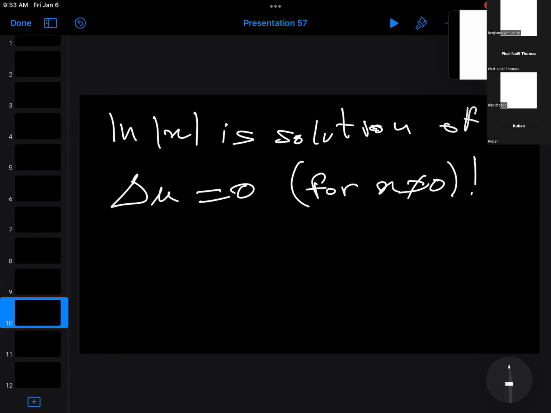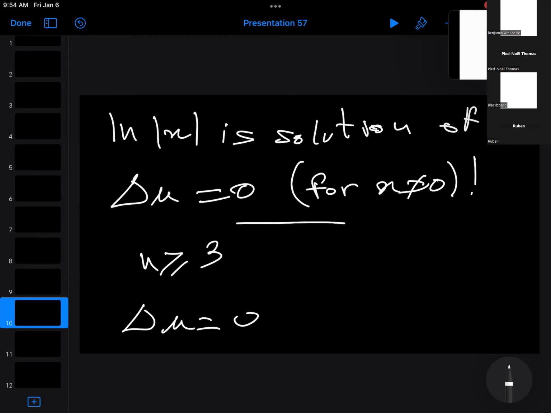All right, so let's be more general, and let's assume that now I work in R^n. I look for functions such that Laplacian u equals 0.